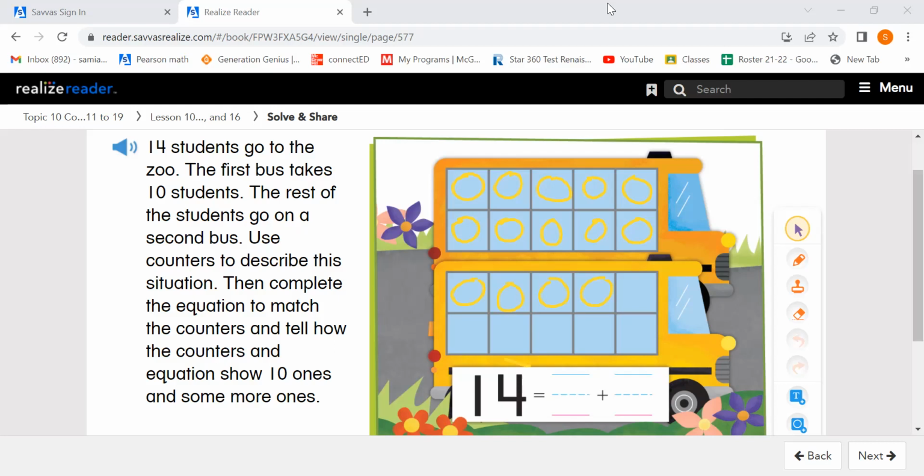We have 14 students in all. We have one set of 10 in our first 10 frame or our first bus. And in our second bus, we have 4 ones. So 14 equals 10 plus 4.